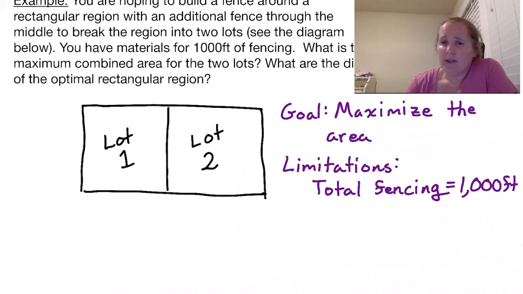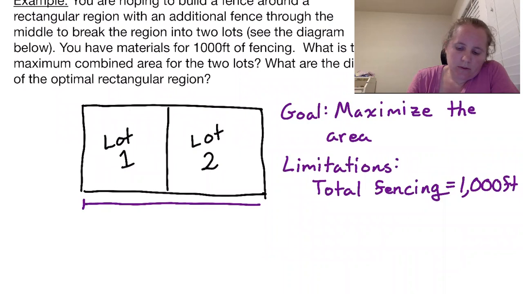I'm going to do the dimensions of the individual lots. Actually, we'll do the dimensions of the whole one, because I didn't specify these two lots are the same size. So we'll do the entire length and then width.